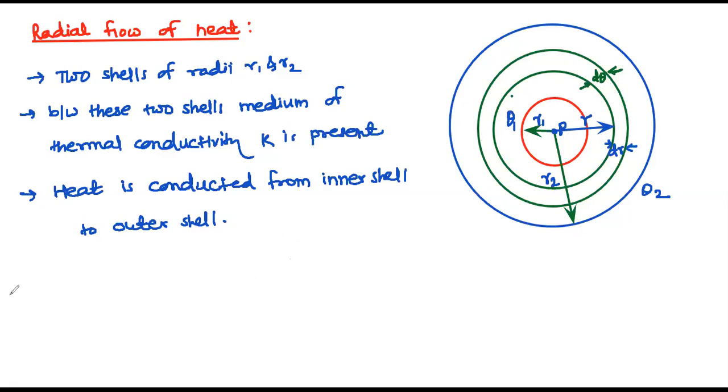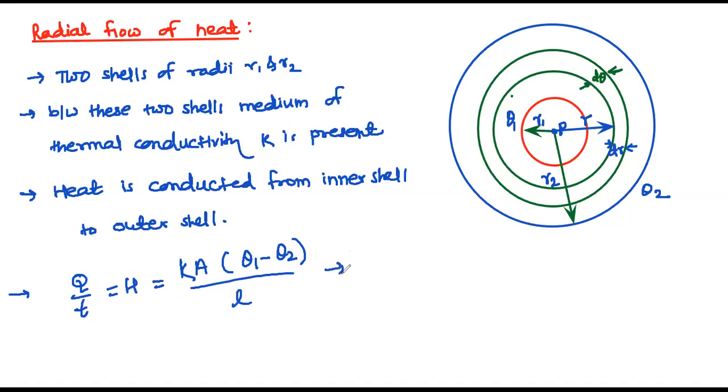Now we know one formula. What is that? Q by t is equal to H is equal to K A into theta 1 minus theta 2 divided by the length element dr, or L. This is our common formula, CF.